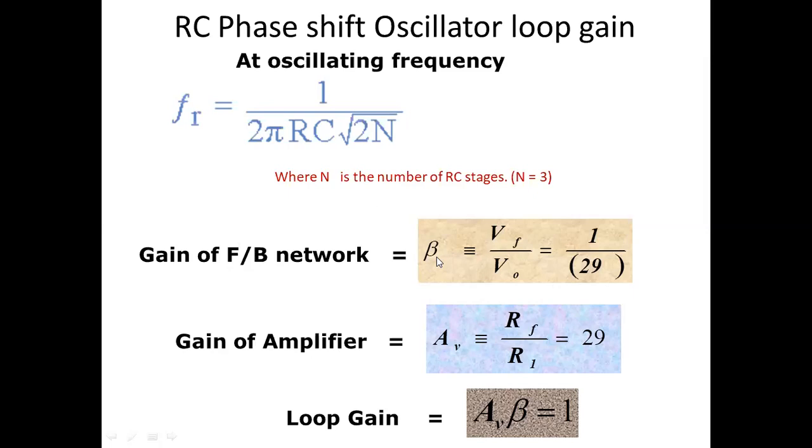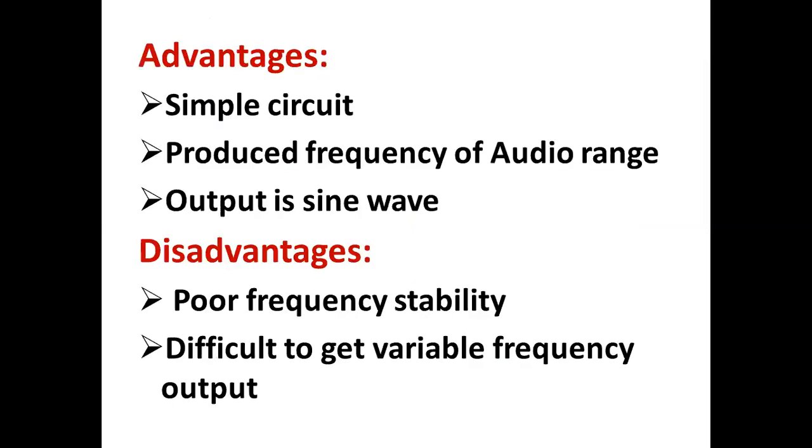Now let us understand the advantages and disadvantages provided by the circuit. Advantages of the circuit: as the circuit uses a simple RC network, it provides the advantage of a simple circuit.